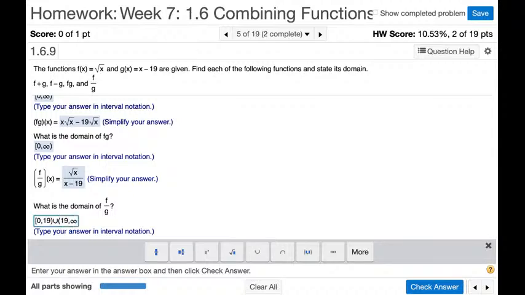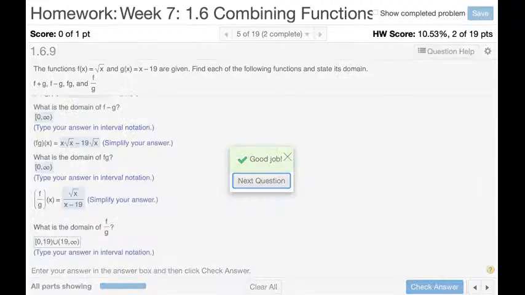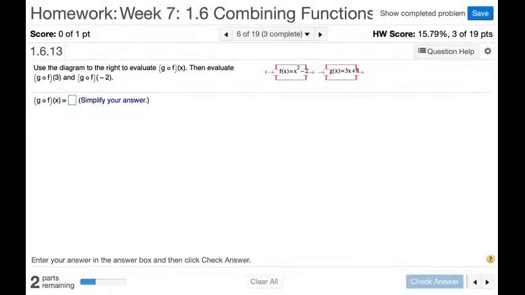So x has to be greater than or equal to 0, and it also can't be 19 because we don't want to divide by 0.